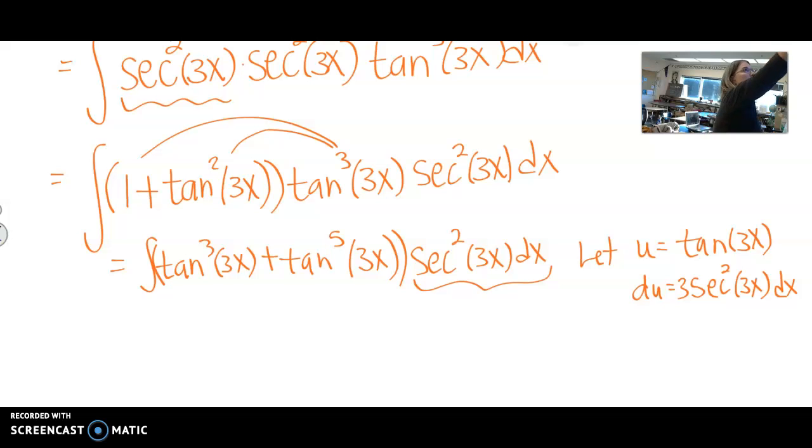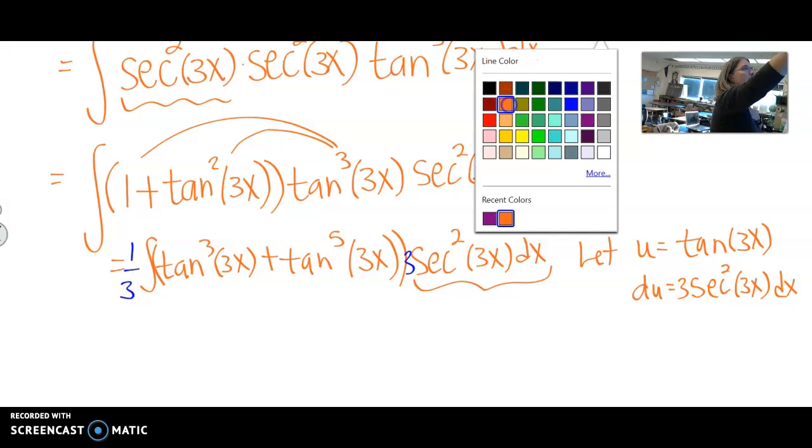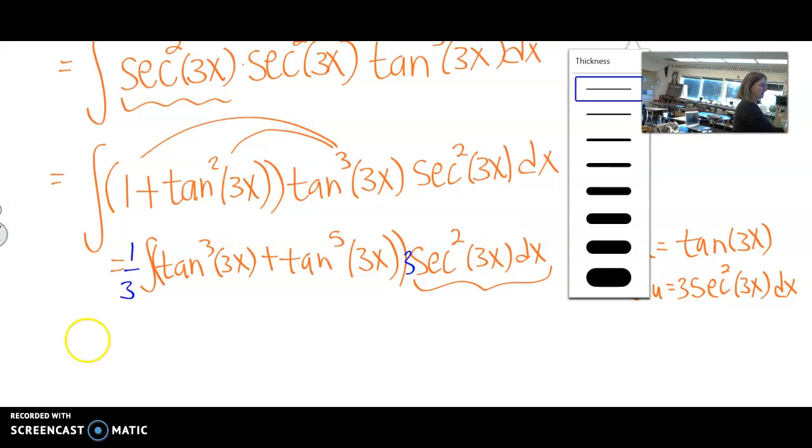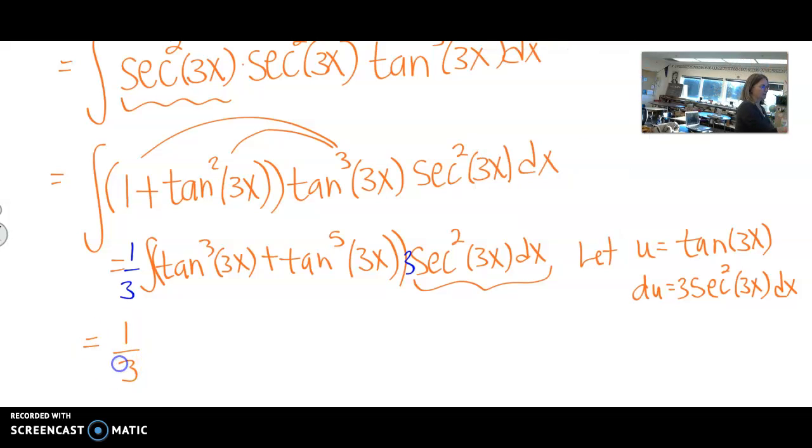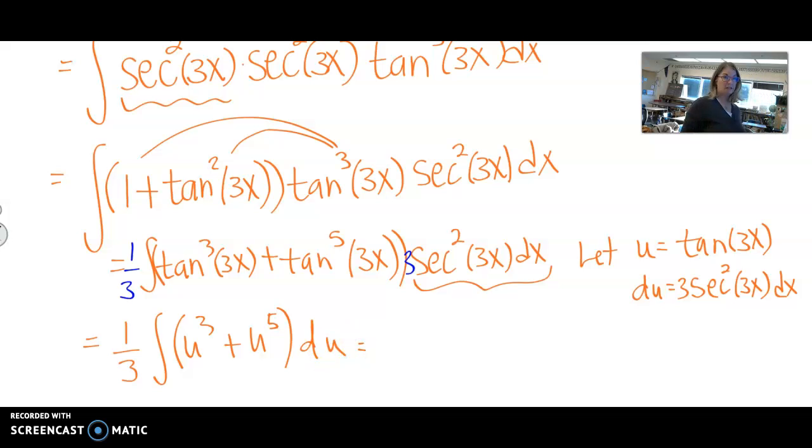I need a 3 in the front, which means I need a 1/3 out there. So now I can rewrite this as 1/3, and I have u cubed plus u to the fifth, and all of that over there is my du. So that just made this relatively easy to integrate.